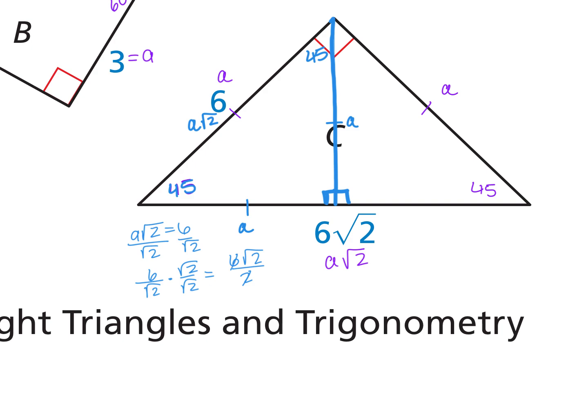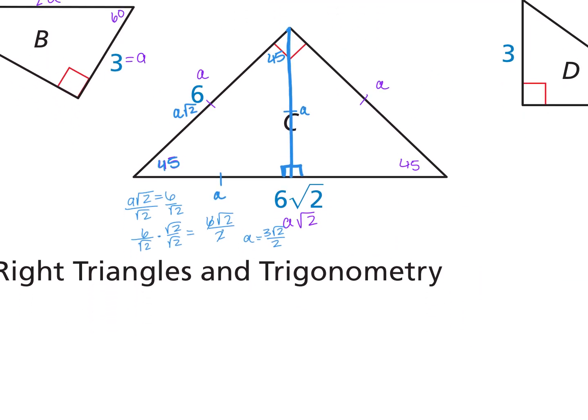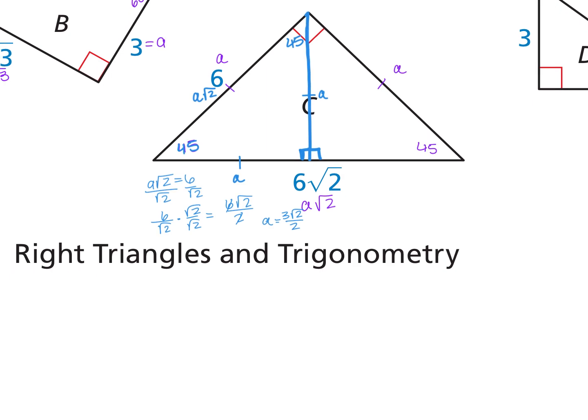And this can be simplified. So my new A would be 3 radical 2 over 2. Okay, so for this one, that would be my answer. Or no, this would simplify to something else. What am I doing? It would just be 3 radical 2. A equals 3 radical 2. That's for my altitude for C.